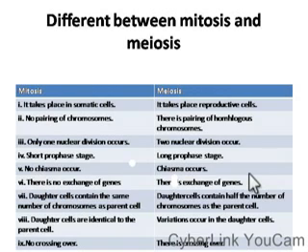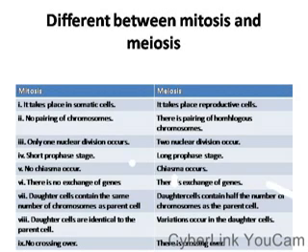Another one is that daughter cells in mitosis contain the same number of chromosomes and features as the parent cell. But in meiosis, daughter cells contain half the number of chromosomes and features of the parent cell.